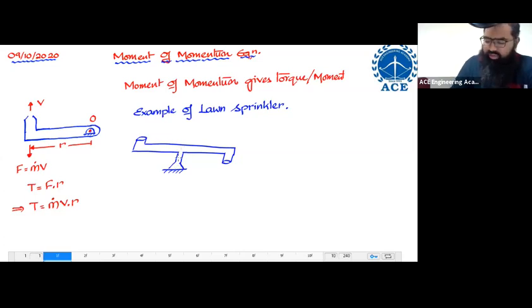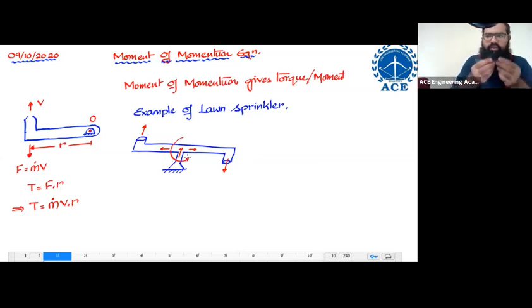The fluid enters from the ground. It gets divided into two portions. The fluid comes out in this particular manner. When the fluid comes out this way, by the virtue of momentum, that recoil is going to be there. This sprinkler is going to experience some kind of rotation.